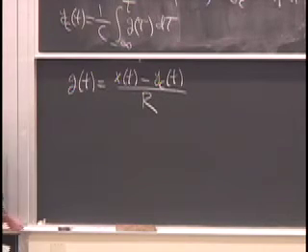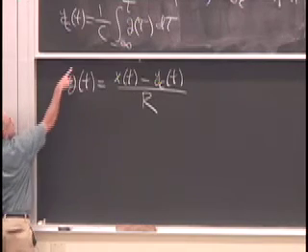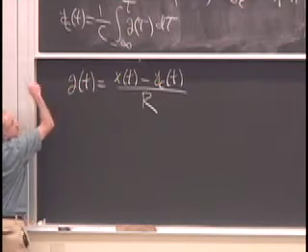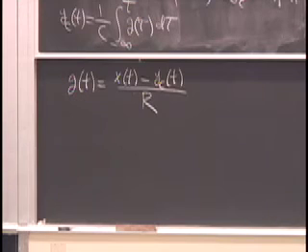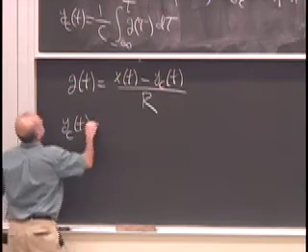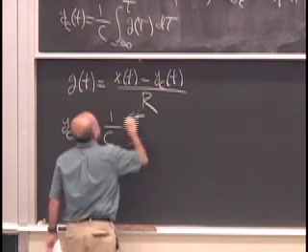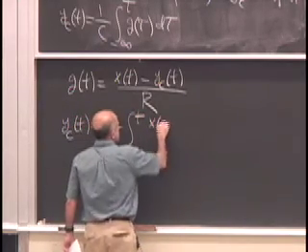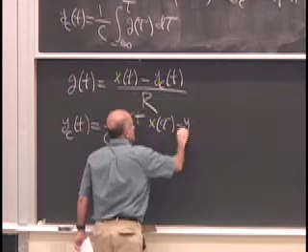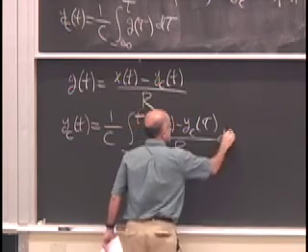Now I have everything I need, because I can just plug this into the integral, and I'll have an equation that only involves the output that I'm interested in and the input. So I have YC of t equals 1 over C integral from minus infinity to t of (X of tau minus YC of tau) over R d tau.